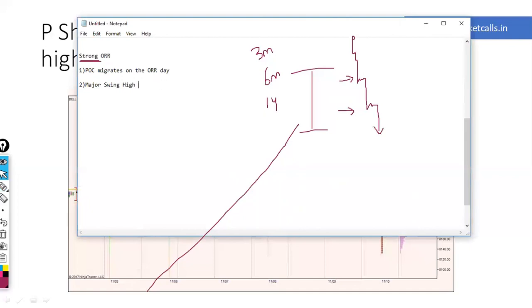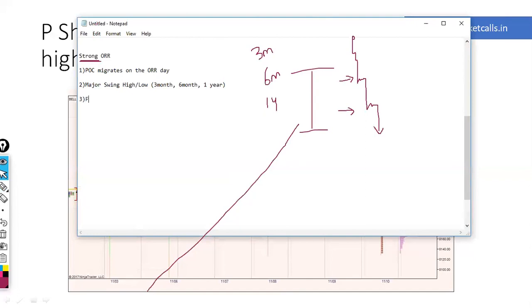It can be at the high or low, not necessarily high. It should come at a major swing high or low. Then we can term that as a strong ORR.